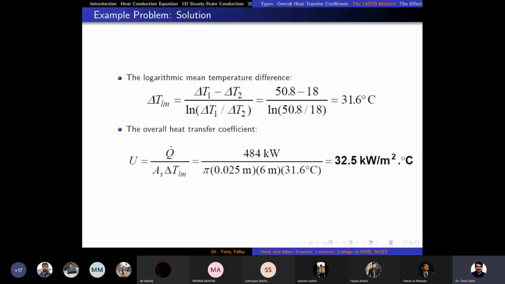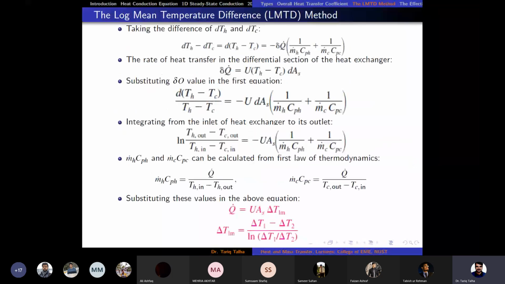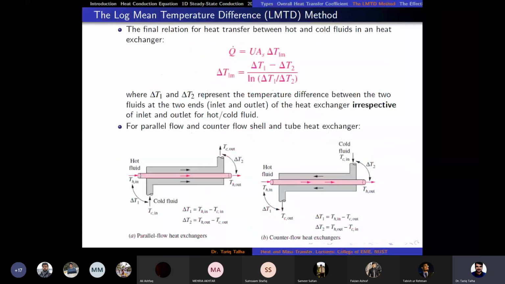Now all these derivations which we have done here are only for the double pipe heat exchanger, either the parallel flow heat exchanger or the counter flow heat exchanger. But in practical problems, we usually have either a compact heat exchanger in which there are fins, or other problems where we have cross flow over tubes or shell and tube heat exchangers.